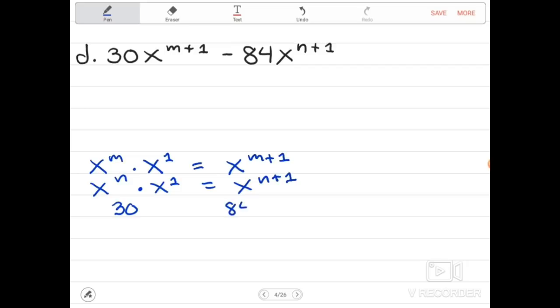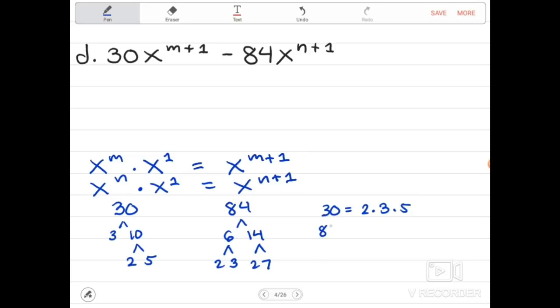So, 30 and 84. For 30, we have 3 times 10, then 2 times 5. For 84, ano ba ang unang papasok sa isip natin? For example, 6. So, we have 6 times 14. Okay? Then, we have 2 times 3, 2 times 7. So, yan na. What are the prime factors of 30? 2 times 3 times 5.